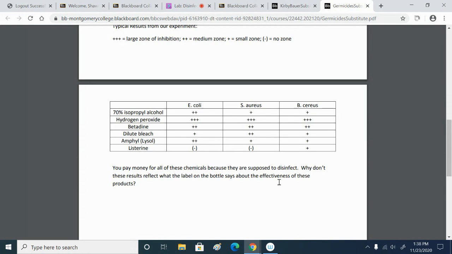So why is hydrogen peroxide so effective against those bacteria? All facultative anaerobes, all love oxygen, all catalase positive. So any ideas why peroxide is still great?